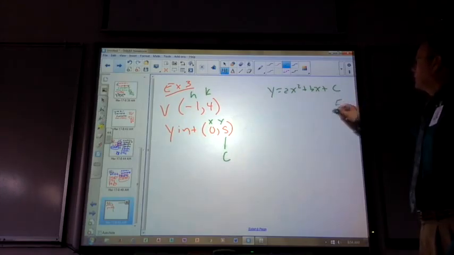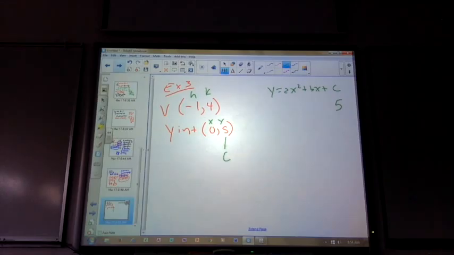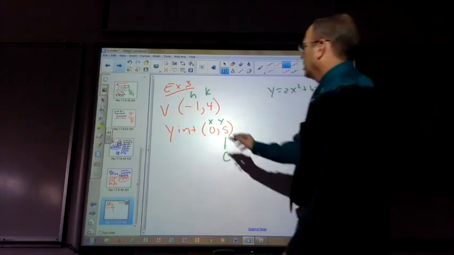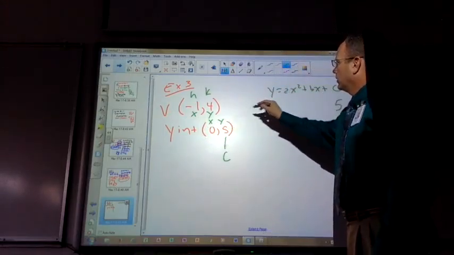Now h and k aren't listed up there, are they? Well, what are h and k as a point? It is a vertex. What is h and k though? Yeah, x and y. That's x, that's y.